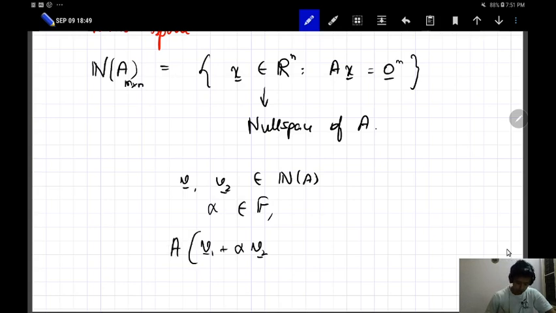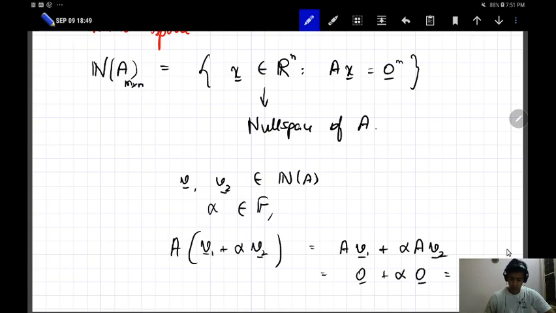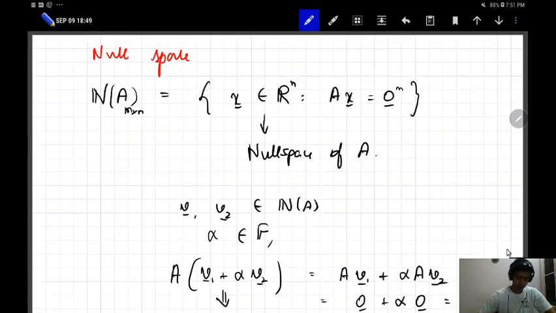Take A times (v1 plus alpha v2). This is equal to A v1 plus alpha A v2 by basic properties of matrix multiplication. But we know that A v1 is 0 and A v2 is also 0, so this is also equal to 0. So this implies that v1 plus alpha v2 is also in N of A, and therefore N of A is a vector subspace.